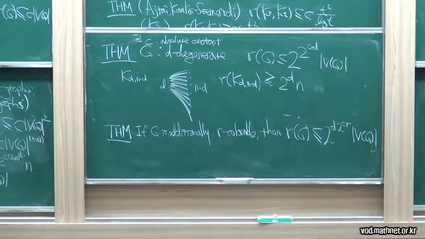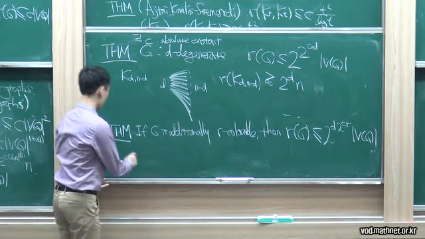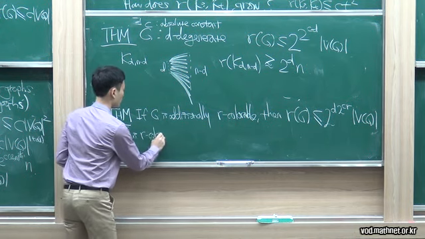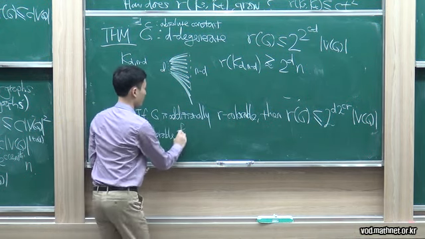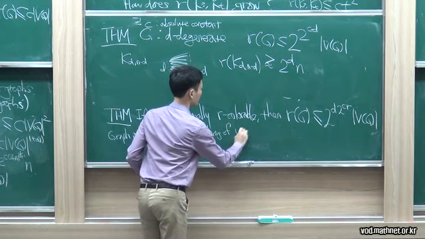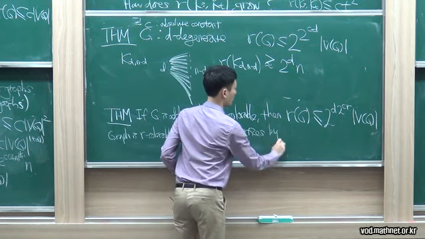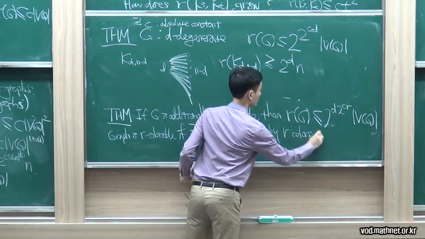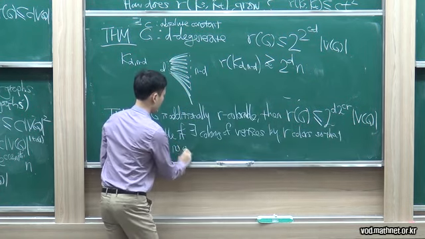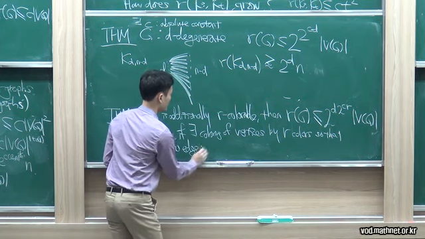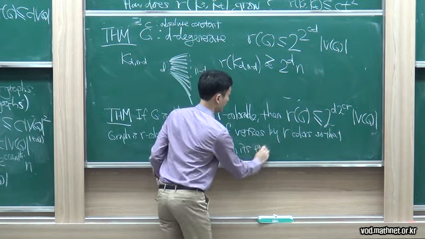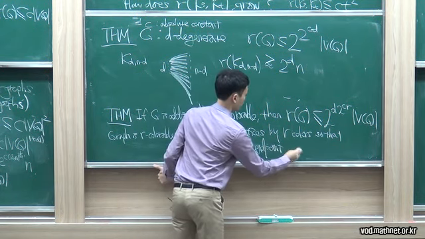Let me just define chromatic number. A graph is r-colorable if there exists a coloring of vertices by r colors so that no edge has both of its endpoints of the same color.